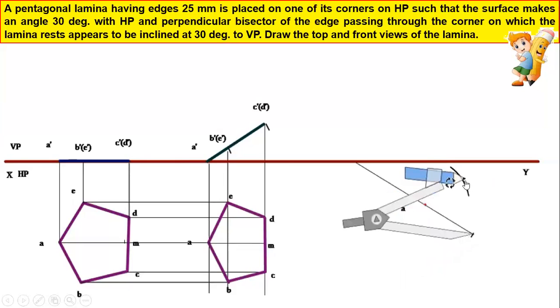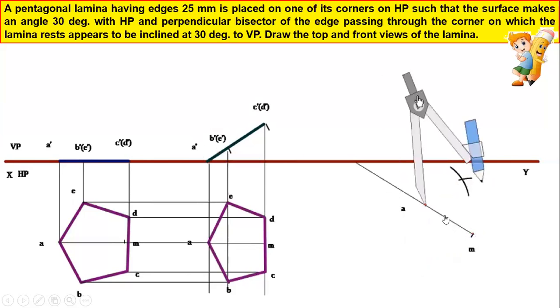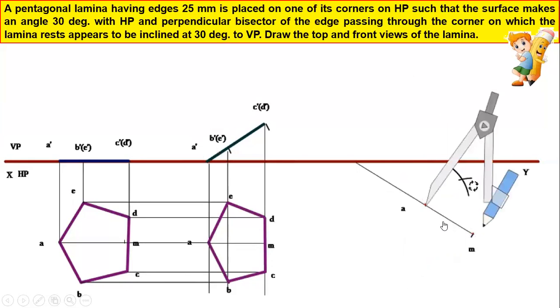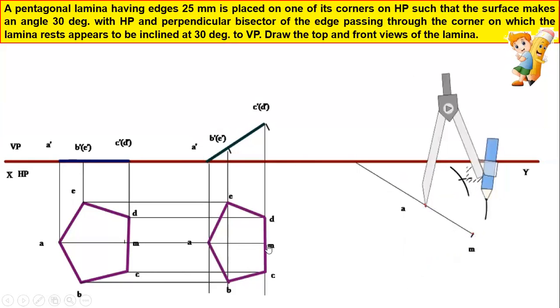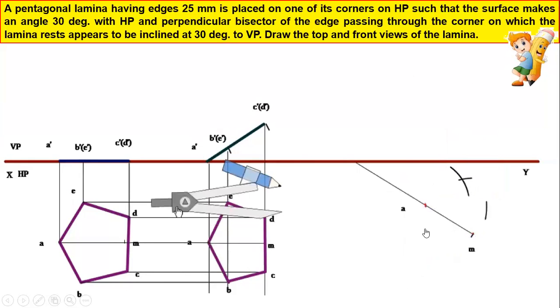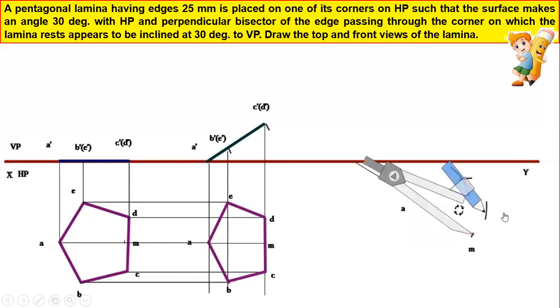The intersection of the arcs is point E. Again measure from A to D with A as the center, cut an arc. Now M to D with M as the center, cut an arc. The intersection will be the point D.